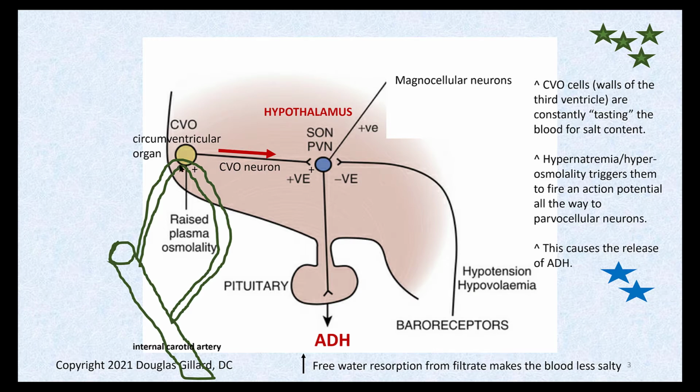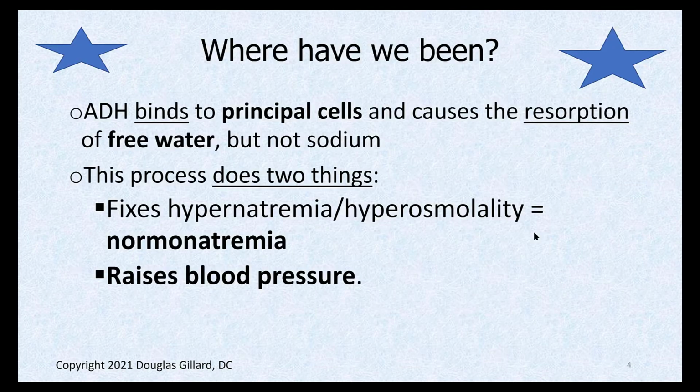If it senses increased sodium ions, that triggers an action potential which goes to magnocellular neurons in the supraoptic nuclei mainly, and that triggers the manufacturing and release of antidiuretic hormone. Okay, and the rest of that's review.